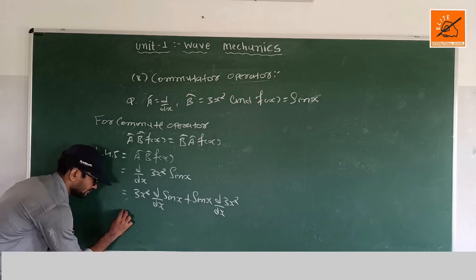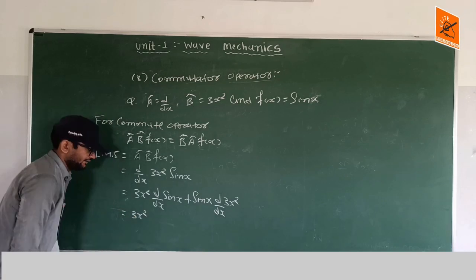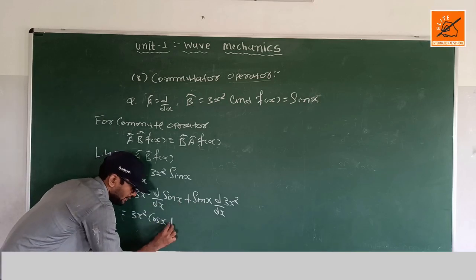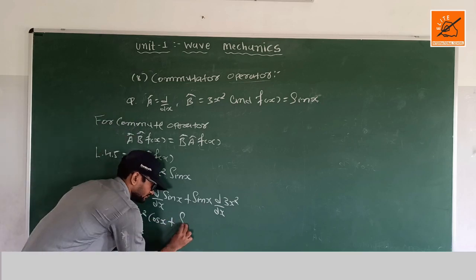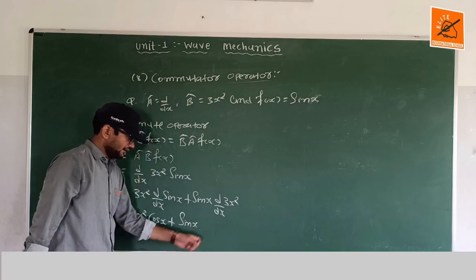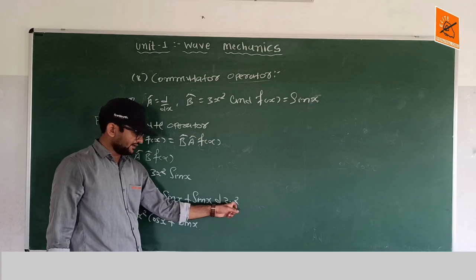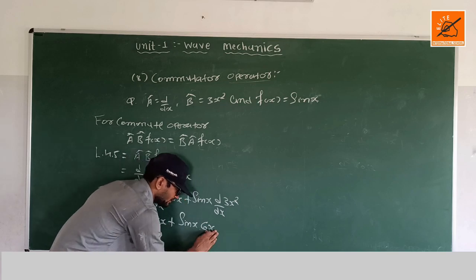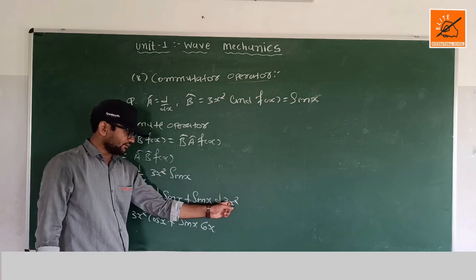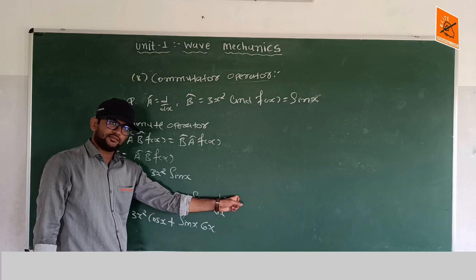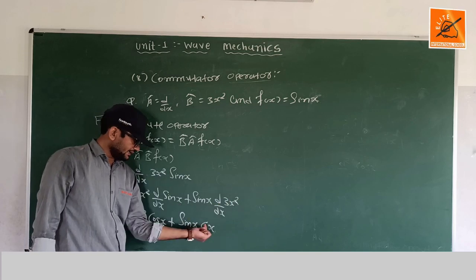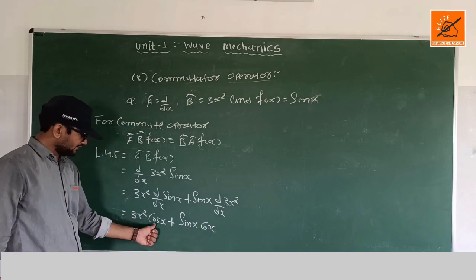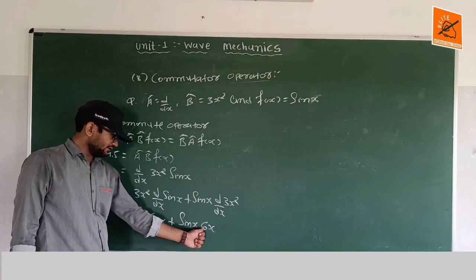So 3x square, d by dx of sin x is cos x, plus sin x into d by dx of 3x square, which means 3 into 2, 6x. Okay, d by dx of 3x square is equal to 3 into 2 x to the power 2 minus 1, which means 3 into 2, 6 x to the power 1. So the value of LHS is equal to 3x square cos x plus sin x into 6x.